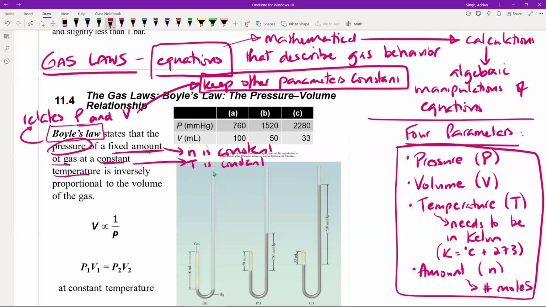Those are not changing. We're just looking at P and V. So the pressure of a fixed amount of gas at a constant temperature is inversely proportional to the volume of the gas.